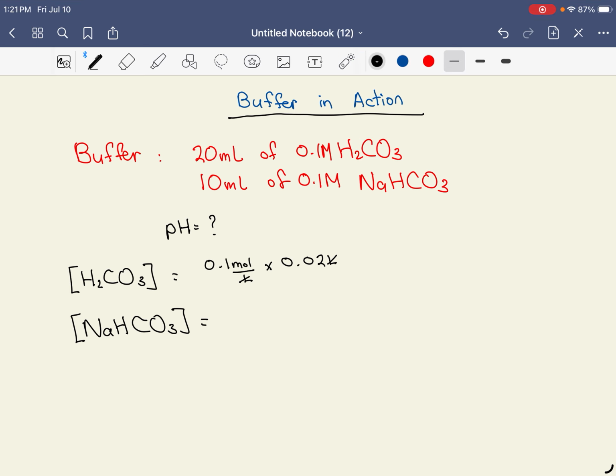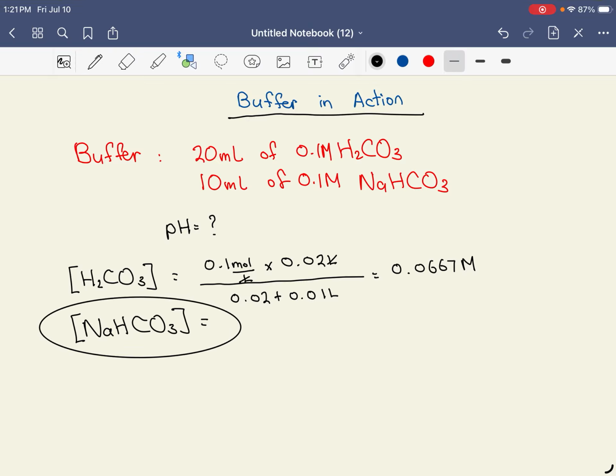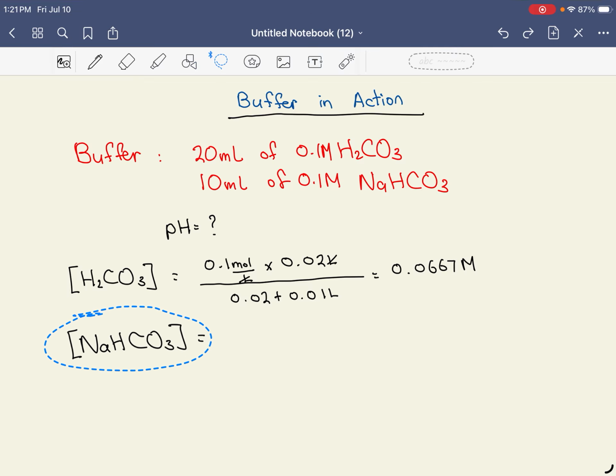And then I'm going to divide this by the total volume. By doing that, I now have the final concentration of H2CO3. And the answer here is 0.0667 in molarity. Let me just move this down a little bit.